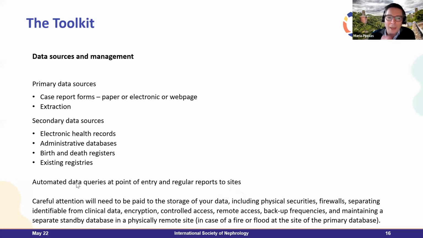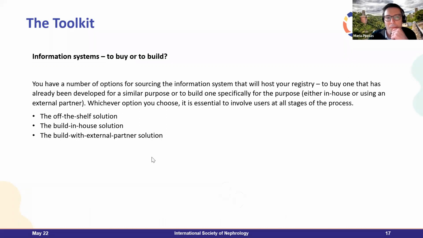I haven't really said a lot about management, but there's a lot to consider in terms of physical securities and firewalls and so on when you're hosting your database somewhere, and that's something to consider. Which links onto this, because this is your actual database when you're choosing it, and there are 3 options that you have. You can buy a database off the shelf. So again, not particularly buying it, but taking one off the shelf, in the sort of AFRAN registry.